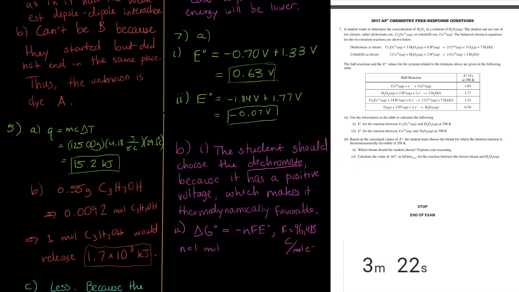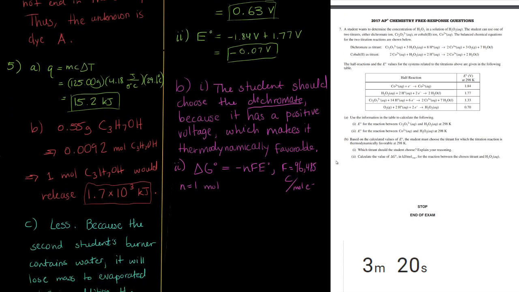I have no idea if this is how this is supposed to be done, but time doesn't really permit other ways. So -1 times 96,485 times 0.63. That's a number of joules. Divide by 1,000. Get the kilojoules.